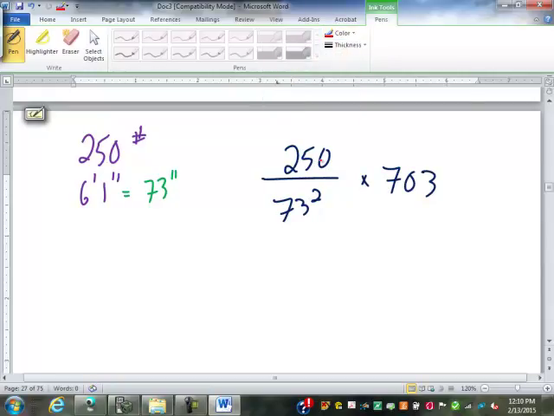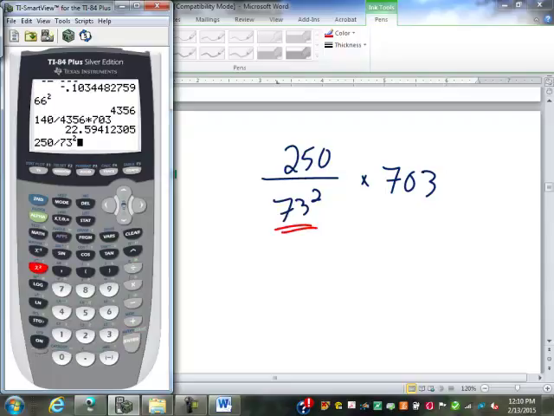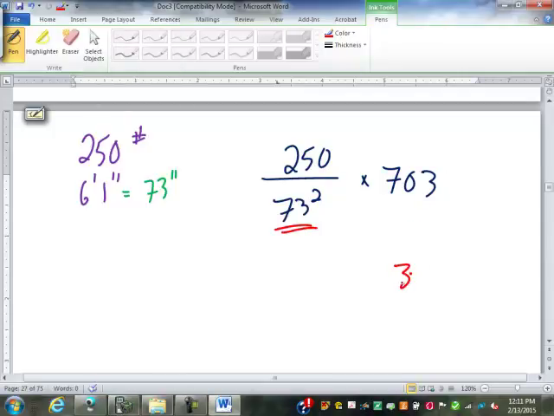Last time I did it by hand, I squared the number on the bottom first. We don't necessarily have to do that. Our calculator can handle this all at once. 250 divided by 73 squared, and then times 703, giving us a 32.98 body mass. So a 33 body mass index, which is getting pretty high.